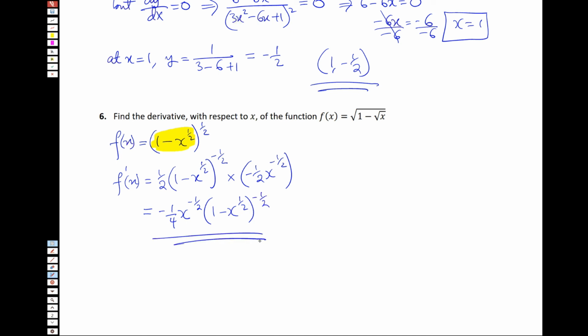So basically, you bring everything together, just simplify whatever you can simplify, a half and a half, negative a quarter, and then bring this in front here, and then this here. And that's just basically how you differentiate using chain rule.